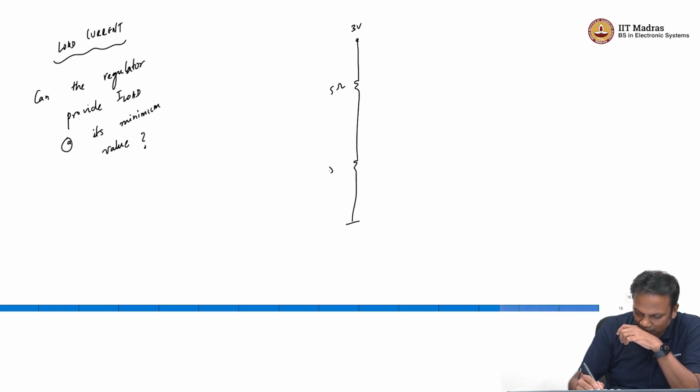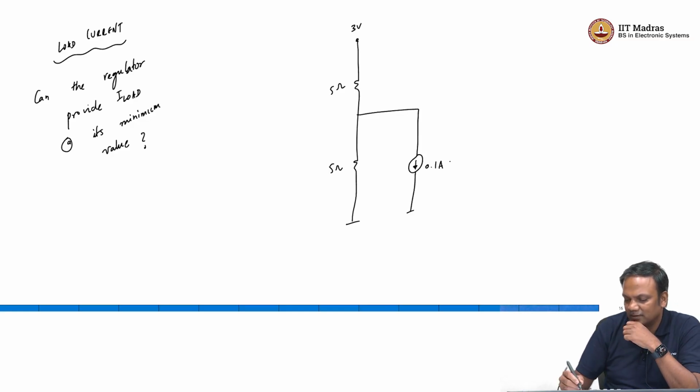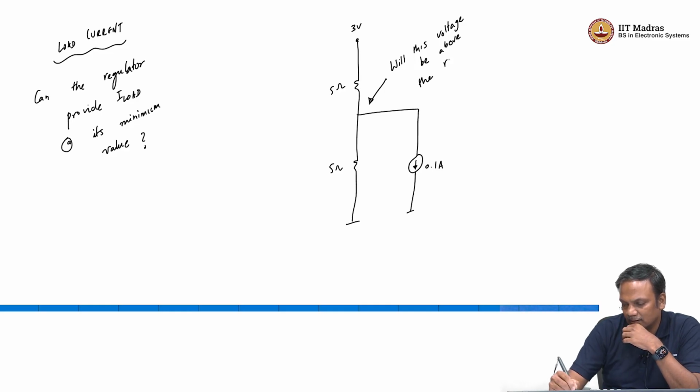I have 5 ohm, 5 ohm. Now, I am going to draw 0.1 ampere. Will this voltage be above the rated minimum for the active circuit?